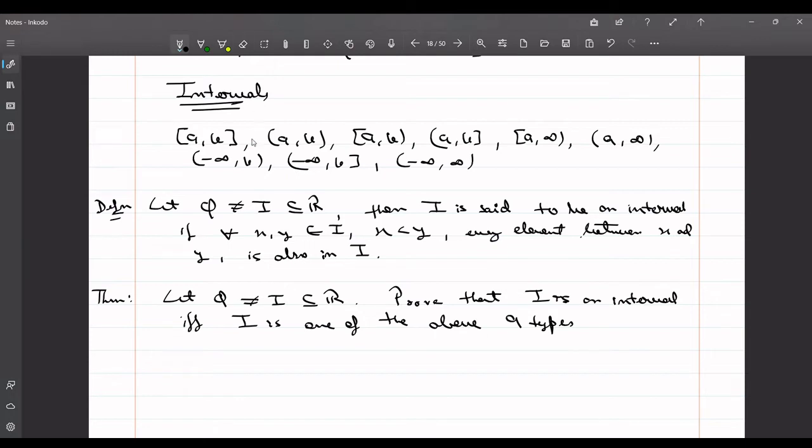Now see, proving that if I is one of these 9 sets then I is an interval is very trivial, because these 9 are already intervals. We have already studied them as examples of intervals, right?